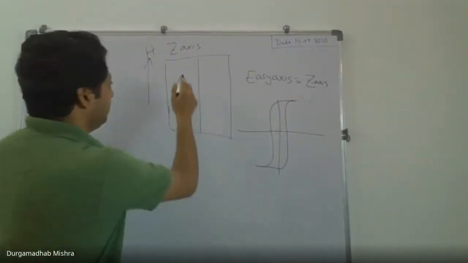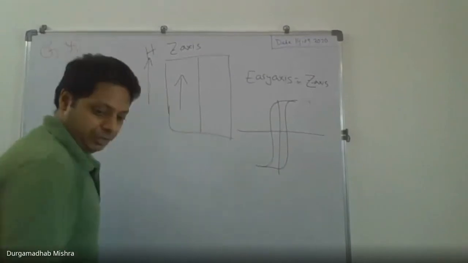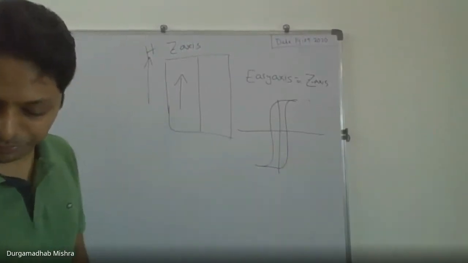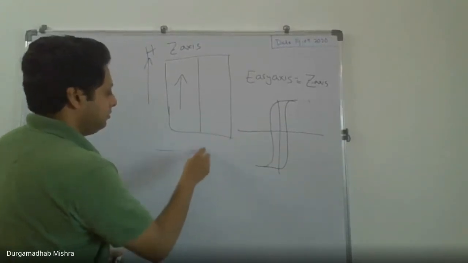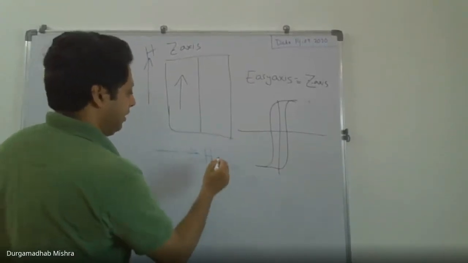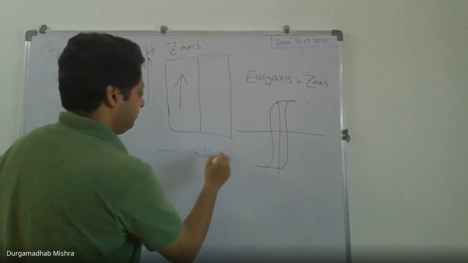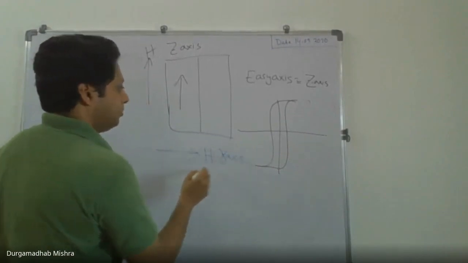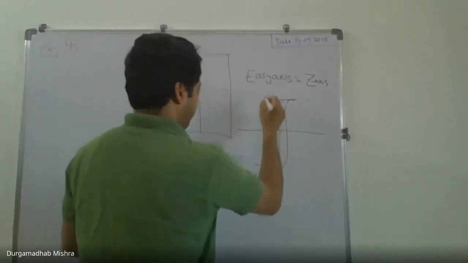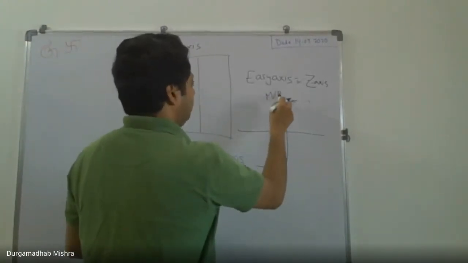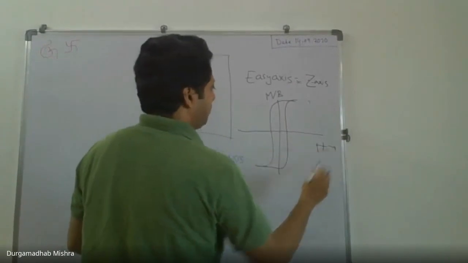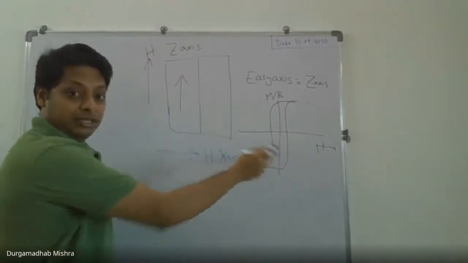Now instead, let's say I apply the field along the x-axis. This is my M or B, this is my H, and this was along the Z-axis.